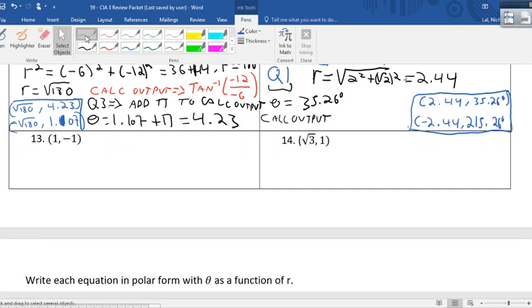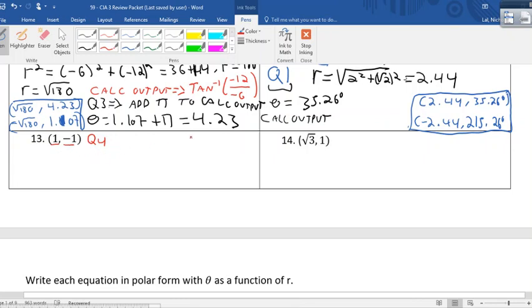13 is 1, negative 1. This is going to put us in quadrant 4. When the x value is positive and the y value is negative, that's quadrant 4, which means our calculator output for theta doesn't have to change.